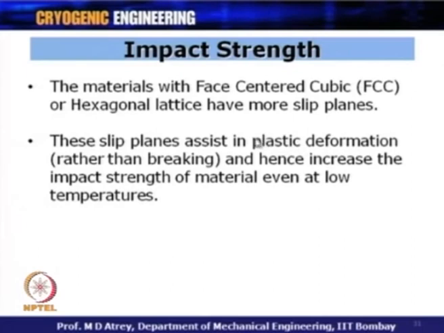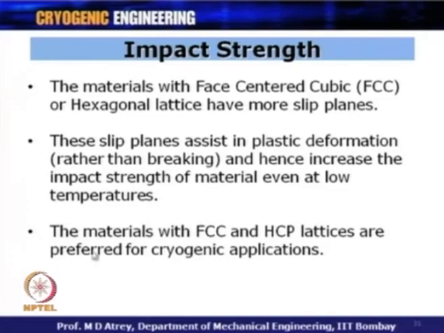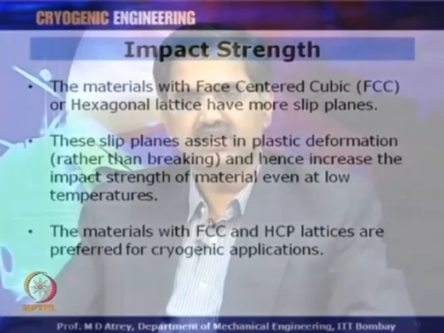As we know, dislocations can easily travel through FCC material, through HCP material, and hence increase the impact strength of the material even at lower temperature. As a result, materials with FCC and HCP lattices are preferred for cryogenic application, while BCC materials like carbon steel are not preferred for cryogenic application because they become completely brittle at lower temperature, or the impact strength is very, very low at low temperature.